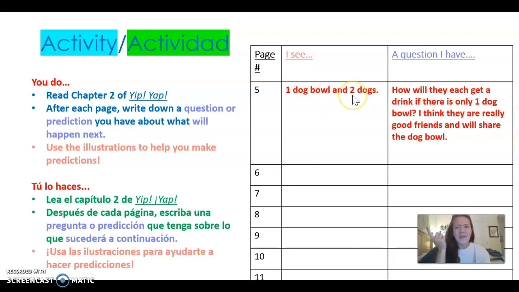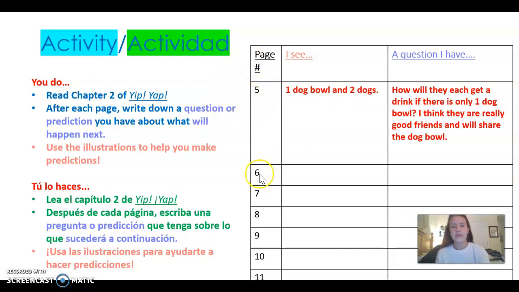I remember thinking, how are they both going to drink if there's only 1 dog bowl? And then I thought, Zip and Zap are really good friends, and I think that they'll share the dog bowl. That was my prediction. I'm asking a question, how will they both get a drink of water if there's only 1 dog bowl? And I'm making a prediction, a guess, that because the dogs are good friends, they will share. You are going to do this for each page in chapter 2.